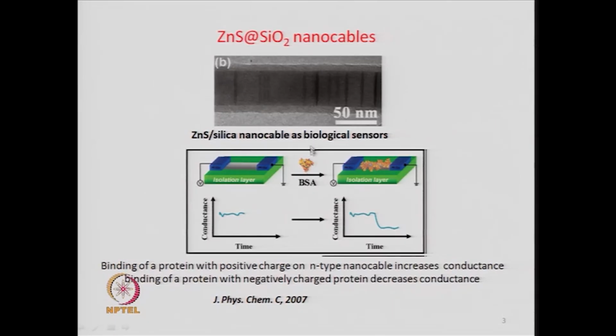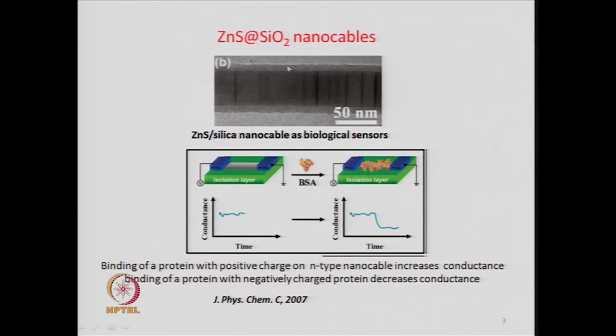Here a kind of device is shown where you have the core shell nanostructure on top like this, and there are two electrodes, and you can measure the voltage across this. Now, there is a protein molecule, here it is BSA. This BSA molecule sits on top of the nano cable, where the surface is silica.